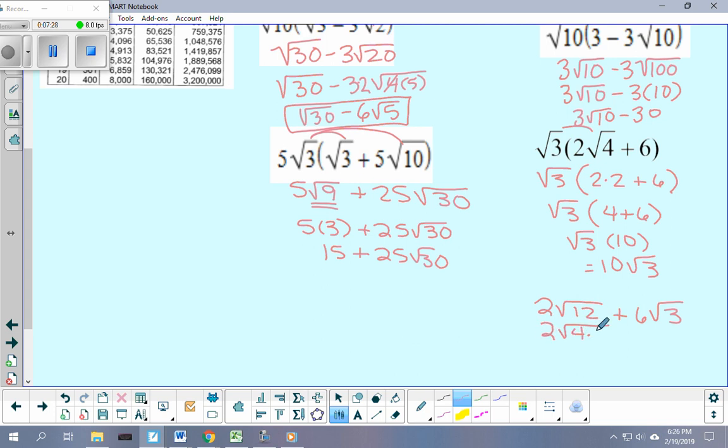That would be 4 times 3 plus 6 root 3. And the square root of 4 is a 2. So we bring out another factor of a 2. So we have 4 root 3 plus 6 root 3, which is 10 root 3. So either way, you get the same answer. But whenever you can simplify a perfect square, you should do that.